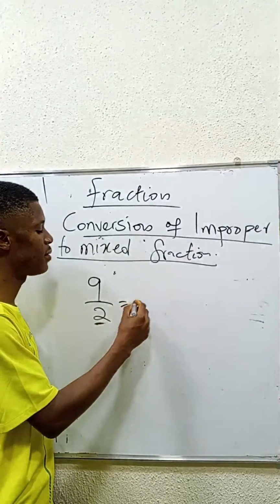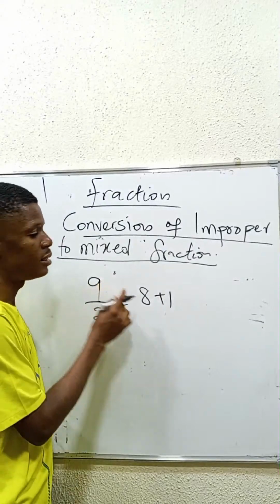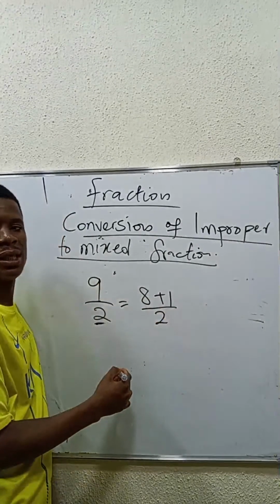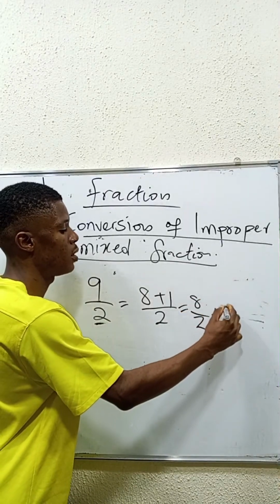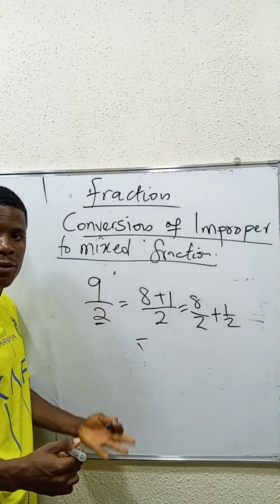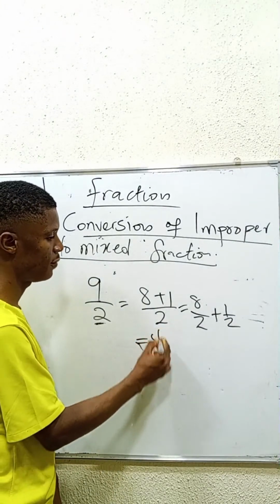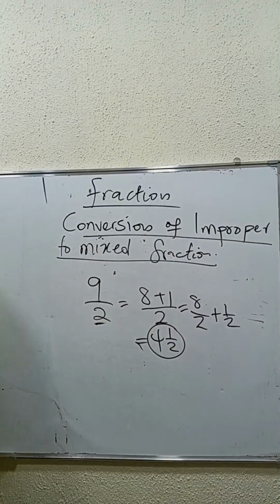So we can write it as 8 plus 1, because 8 plus 1 still gives 9, then over 2. Then if you split the fraction now, you can see it as 8 over 2 plus 1 over 2, which is 8 divided by 2 is what? 4, right? So you have it as 4 wholes 1 over 2. And that's the answer. Okay, this is very easy as ABCD.